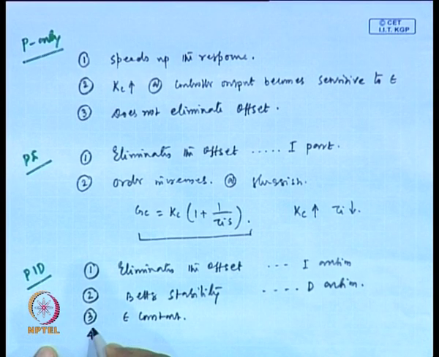And last point is, for a noisy response with almost zero error, the derivative term leads to large control action, although that is not needed.